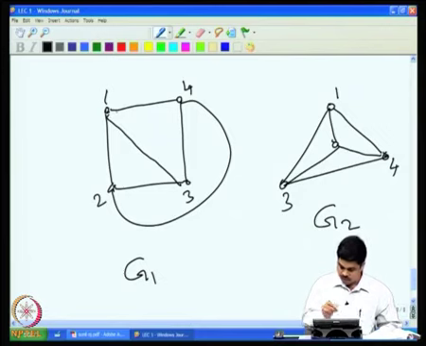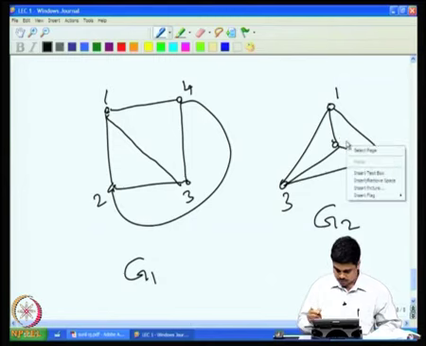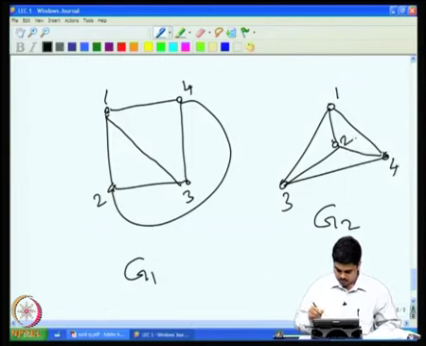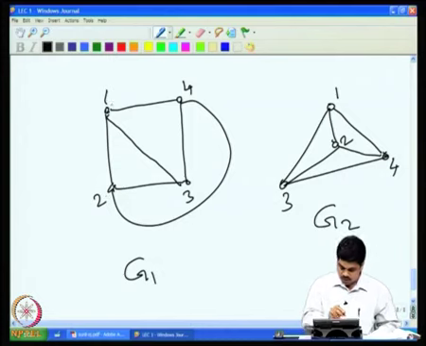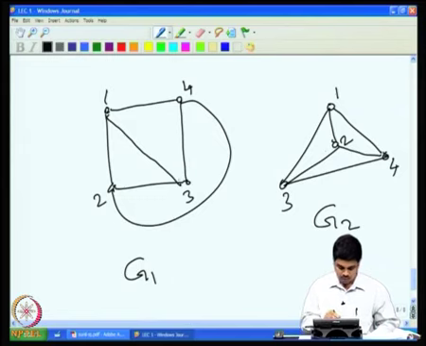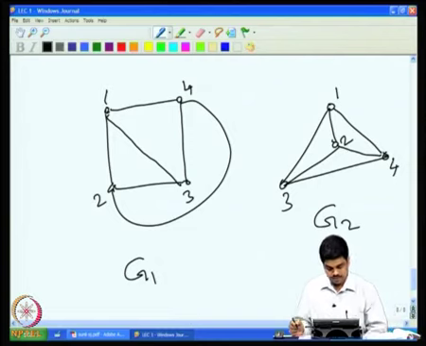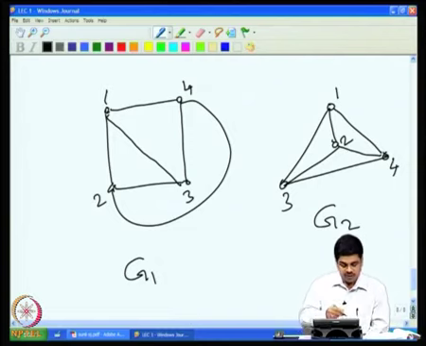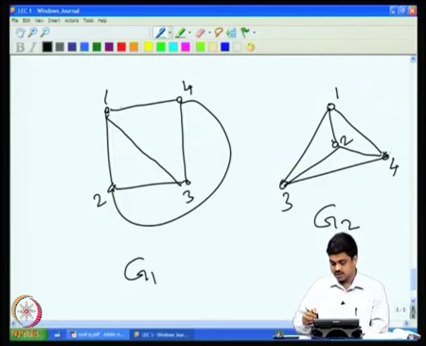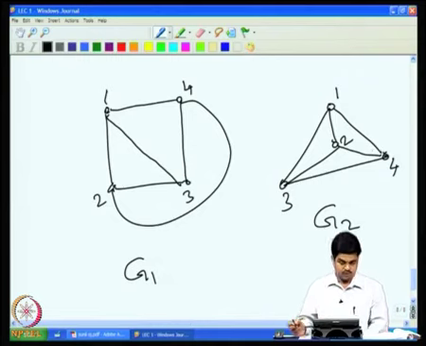In other words, this triangle comes here, and 2 can be mapped to this. 2 1 is an edge, 2 3 is an edge, and 2 4 is an edge. So, whenever there is an edge between i and j here, the corresponding edge is present here also. Otherwise, if there is no edge, then that edge will not be there. So, this is the notion of isomorphism.